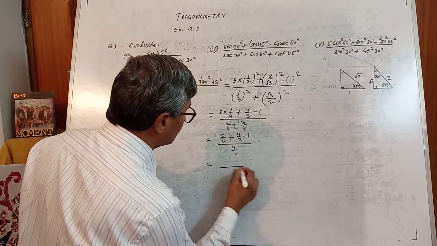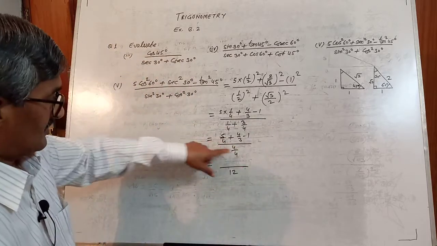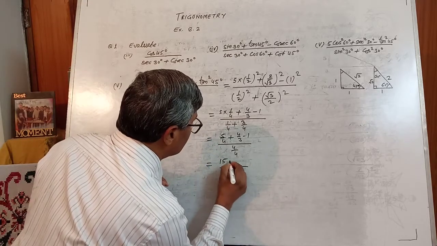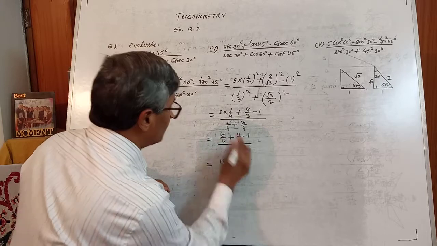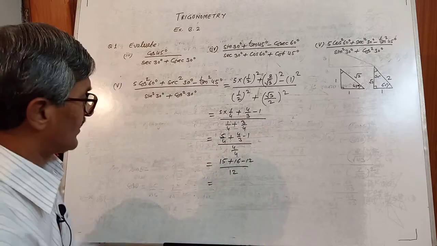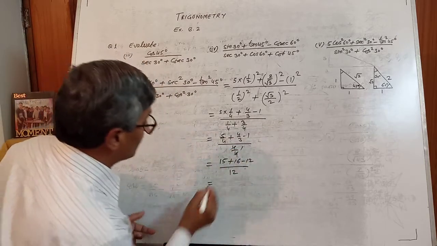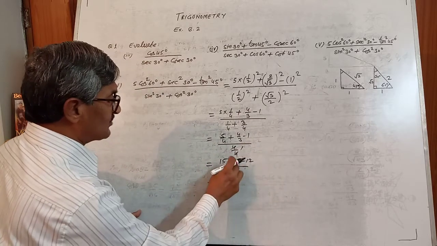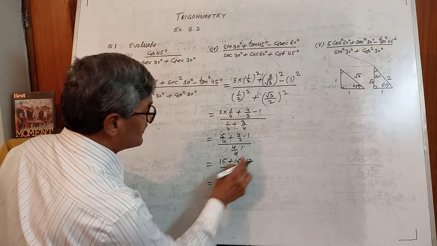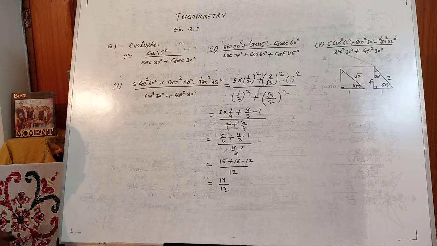Here you can take LCM, 12 is the LCM. So we get 15 plus 16 minus 12, that is 4 by 12, so 19 by 12. 19 by 12 is the answer. Note down this.